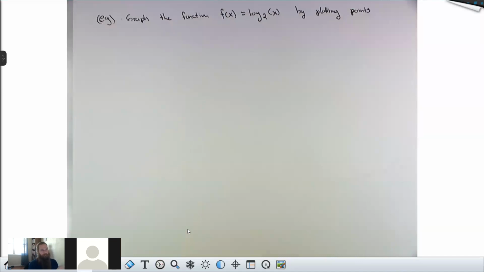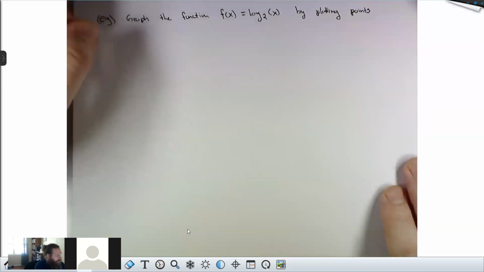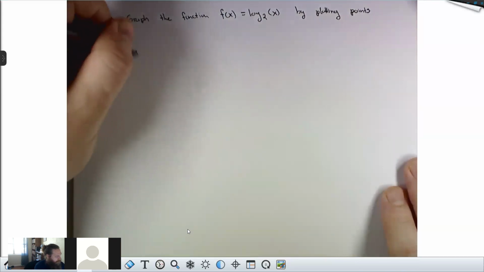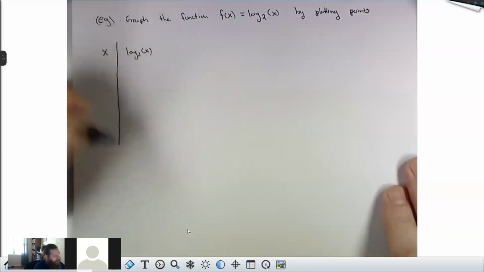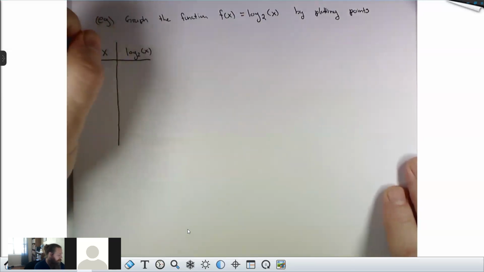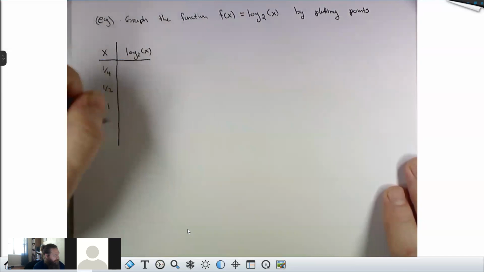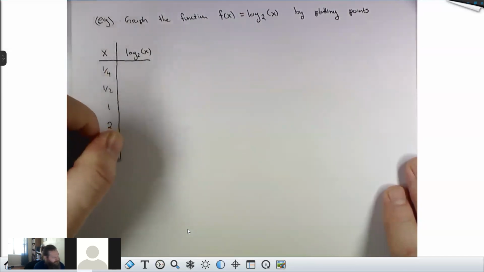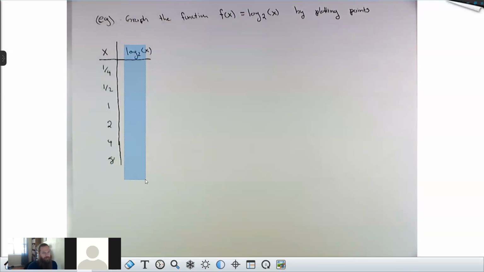We're just going to plot some points. I'm going to choose these inputs carefully. All right, I'm choosing these all to be neat powers of 2 because I want the outputs from this function to be nice.